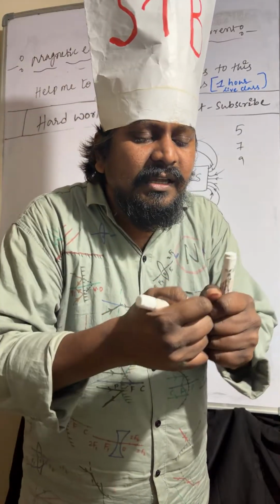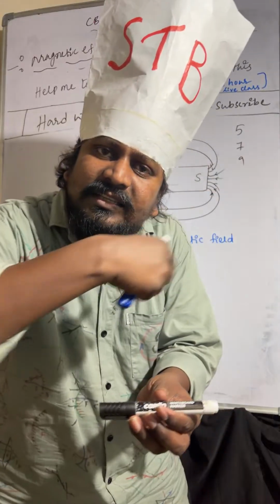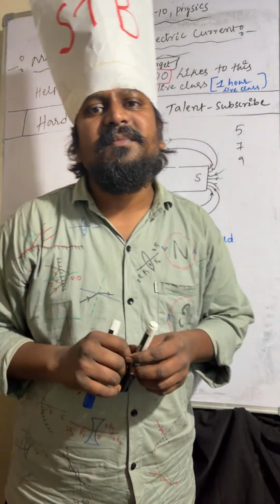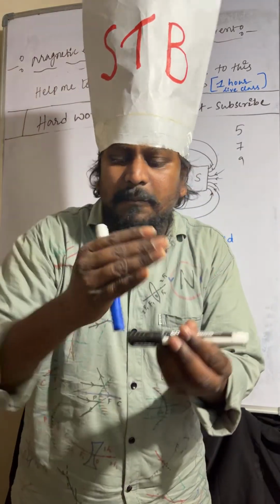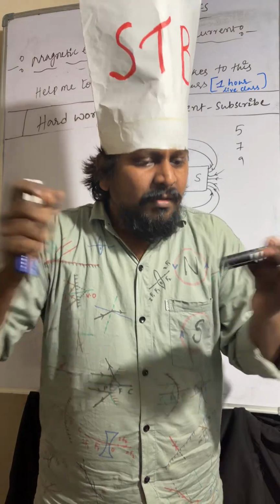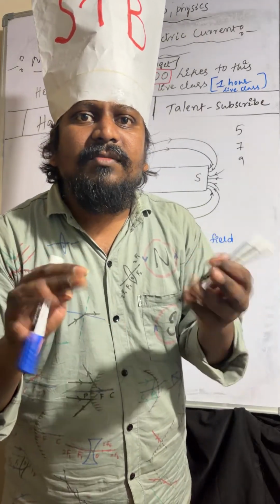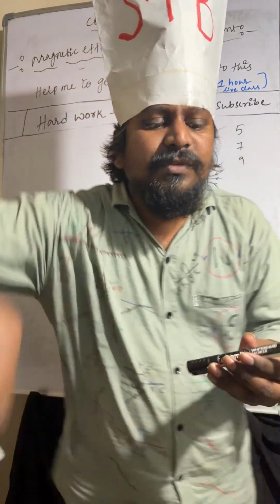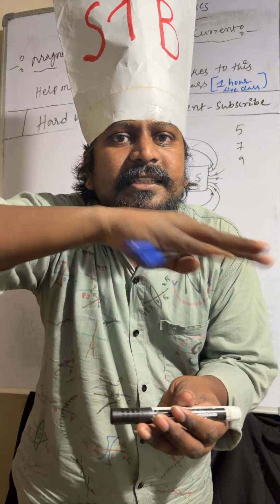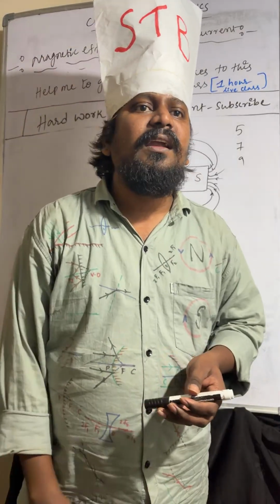See, here you can see within this region, the magnet will attract the magnetic materials. If you go beyond the region, the magnet will not attract the magnetic materials. Within this region, the magnet will attract the magnetic material. That is called the magnetic field.